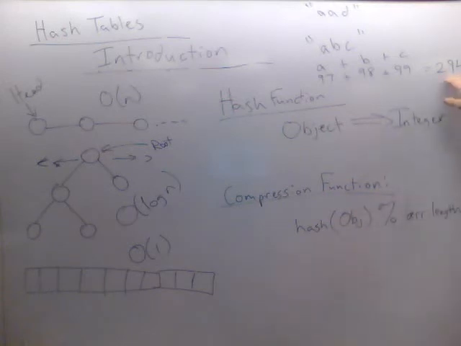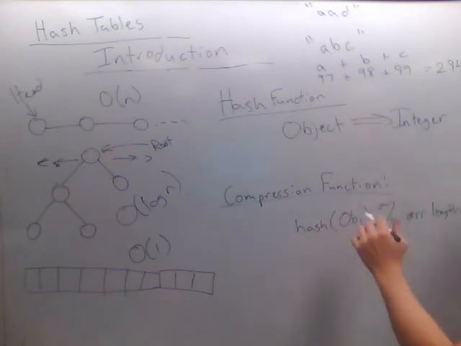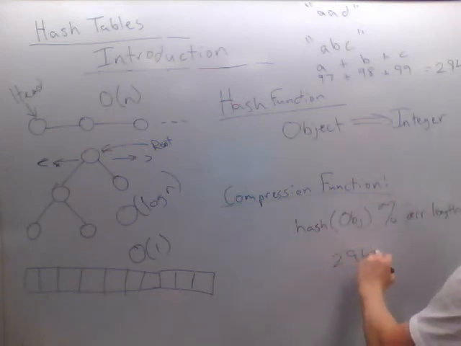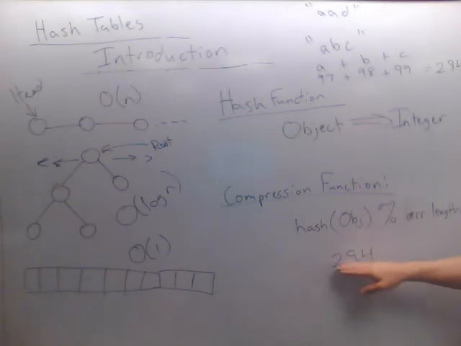However, you'll see that it's a problem if, let's say, the hash function returns 294 for a certain object. What happens if the same hash function returns 194 for another object?